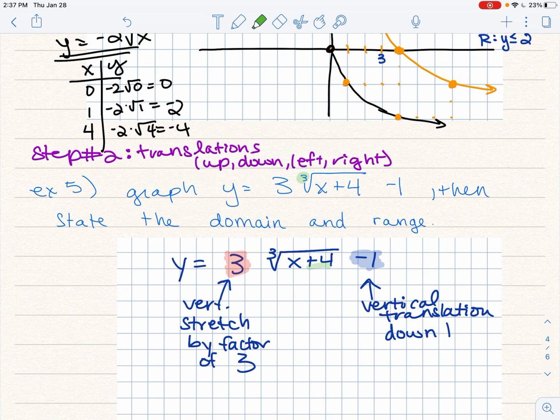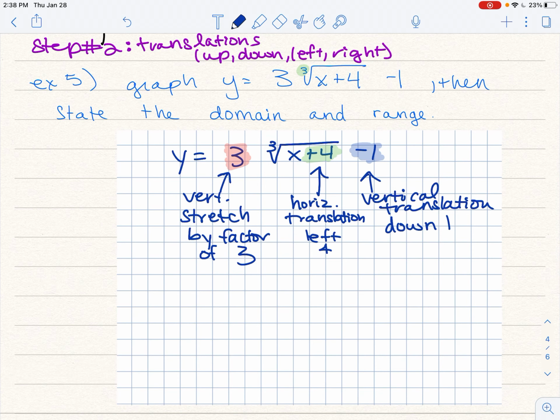And then lastly, this one here, this +4, is inside the root. So it's going to be that horizontal translation. Remember, it's Funky Town, so it says +4, but it's really going to be going to the left by 4 units. So we know how this is going to go.